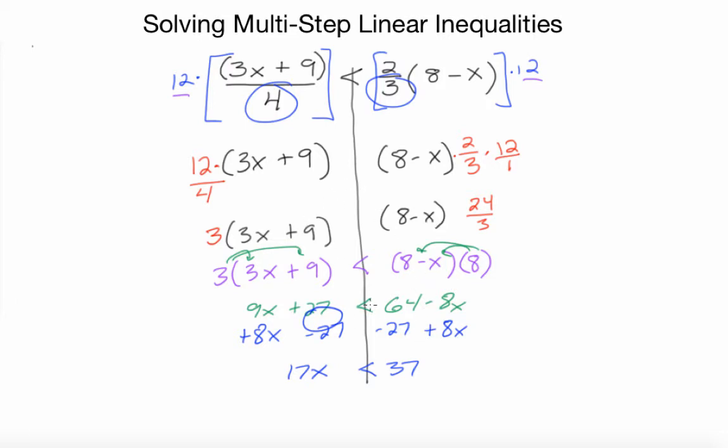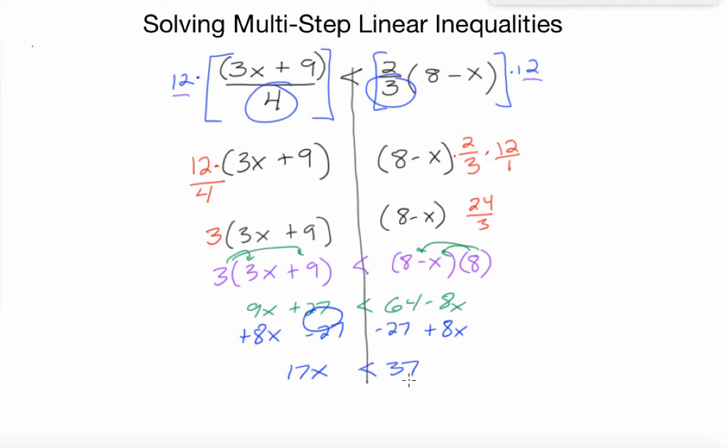I haven't multiplied or divided both sides by a negative, so my inequality has stayed the same. Make sure you're writing that inequality. Lots of times I'll see students do a big long problem, forget to write the inequality, and all of a sudden they've turned it into an equal sign. They've changed the whole problem, and it really throws off their answer. So we still have 17 times some number x is less than 37.